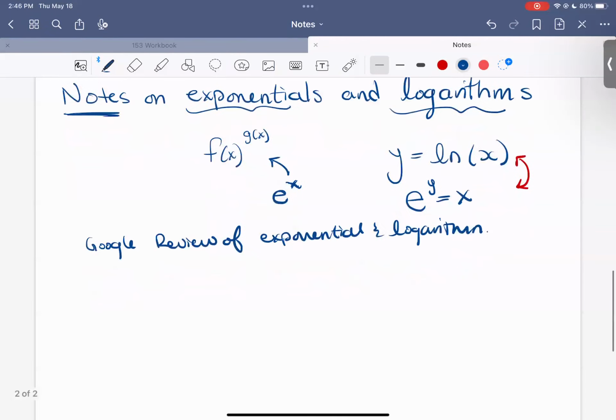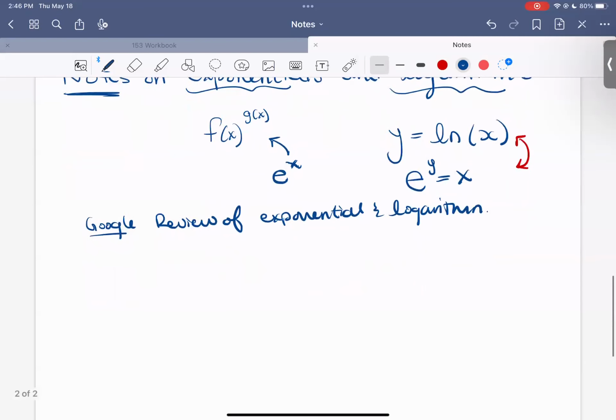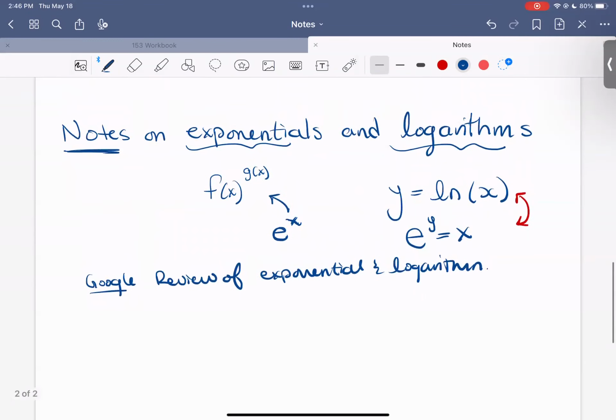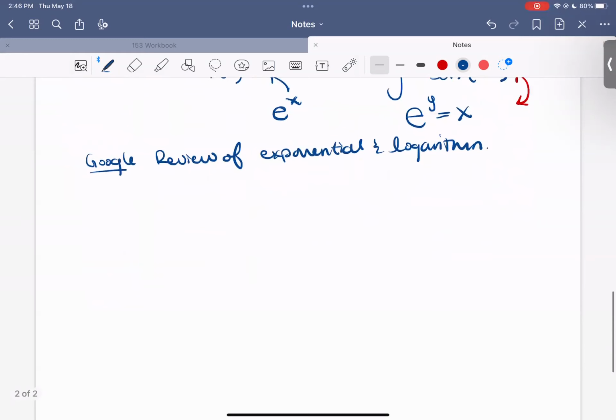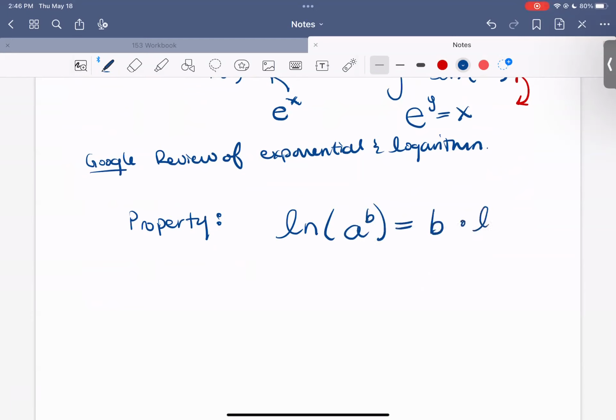Okay, so a couple other things that I want to mention are some very helpful properties of logarithms. So one property of logarithmic functions is the following. If we have a natural log of something like a to the b, this is equivalent to b times natural log of a.